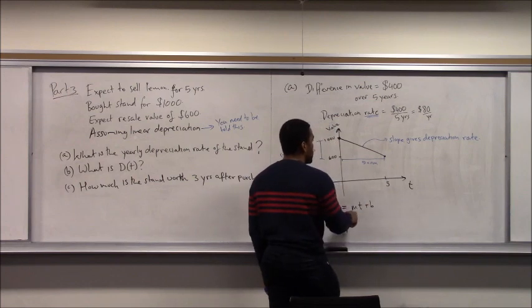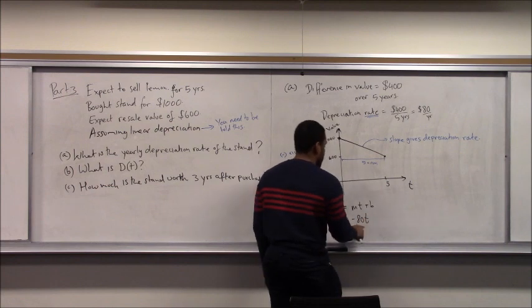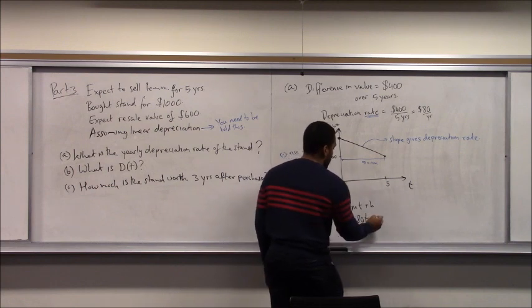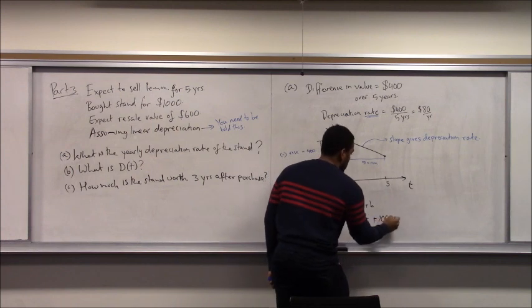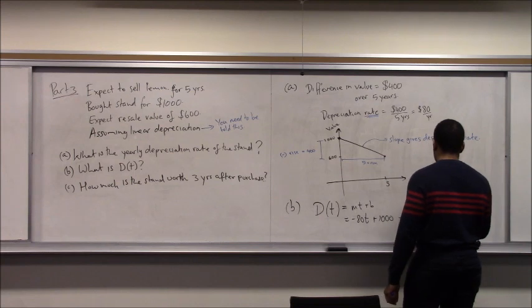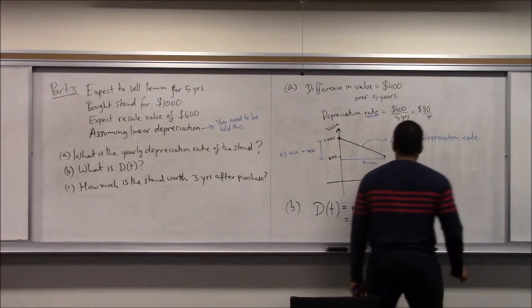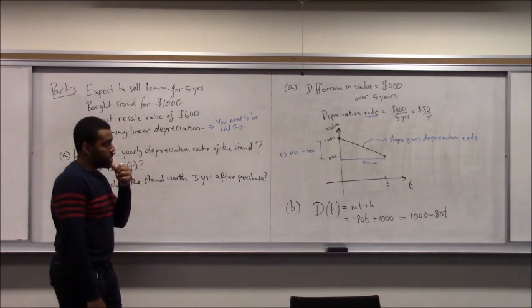M is the slope. Here we know it's negative 80. So that's how much it's losing per year, plus the y-intercept, which is 1,000. Or you can think of it as 1,000 minus 80t, based on the formula that I wrote on the board previously. But that's the equation of that line.